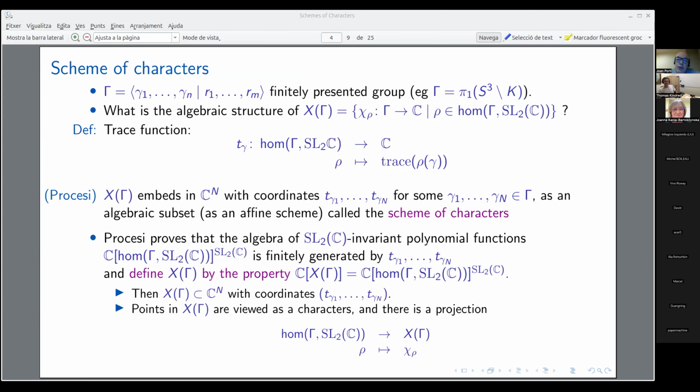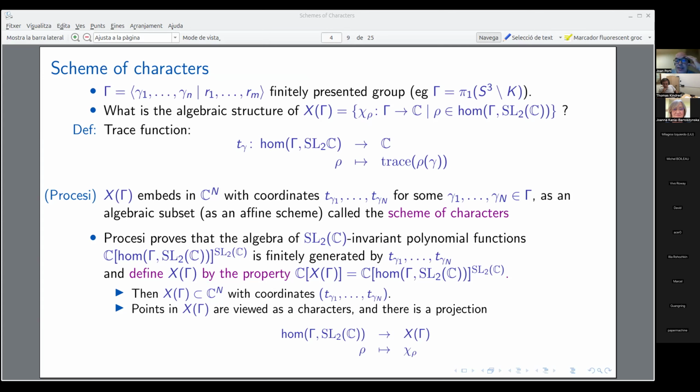So what people do in algebraic geometry is they look at polynomial functions, polynomial maps from the variety of representations to C, and we look at the ones that are invariant by conjugation.